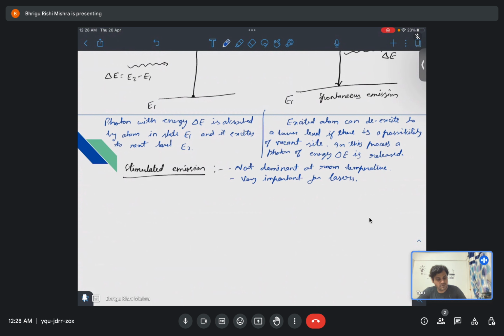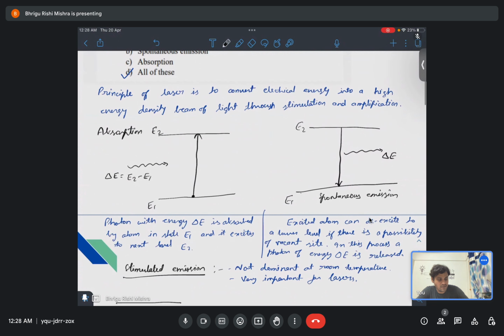So what is it? Suppose I have a photon, and the atom here is at a higher, excited state E2.